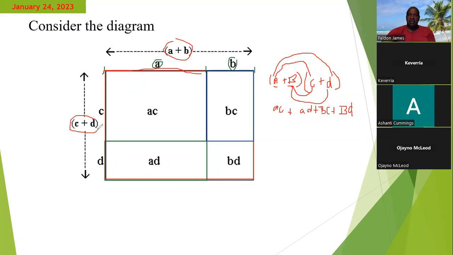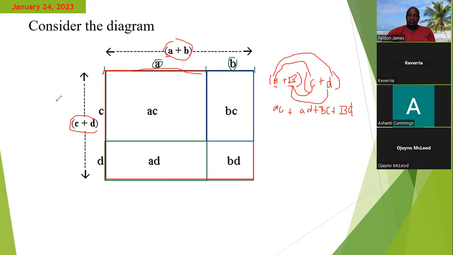So you should clearly see that if you cut up this rectangle based on these lengths A, B, and C, D, you will get these smaller rectangles. And so the area of the big rectangle is equal to the sum of the areas of these smaller rectangles. And by showing you that, without the diagram, you can use the distributive property.